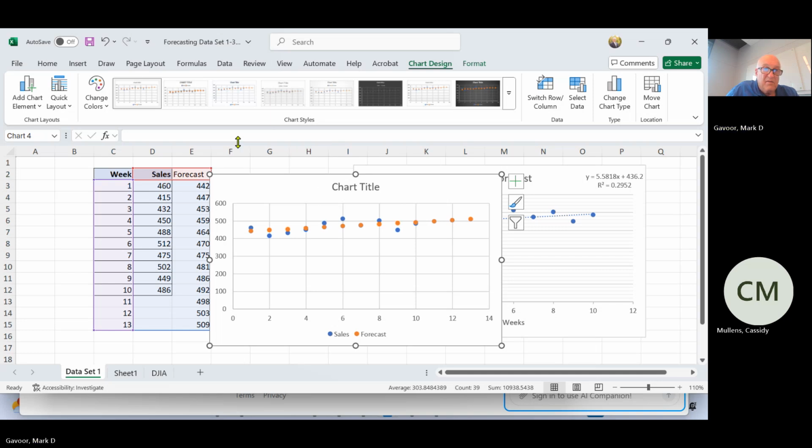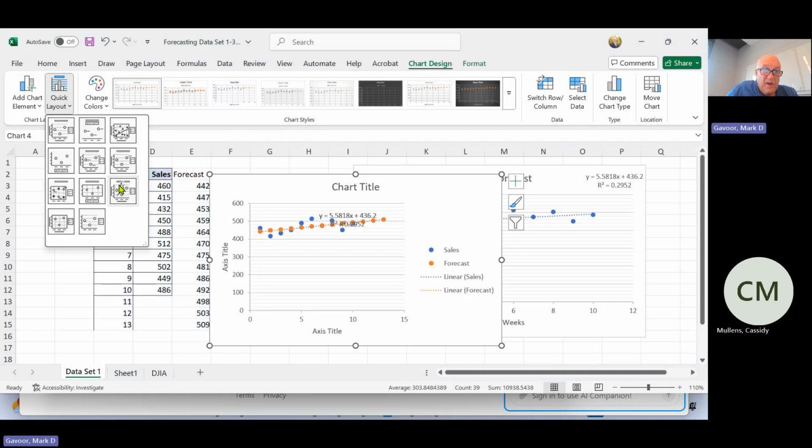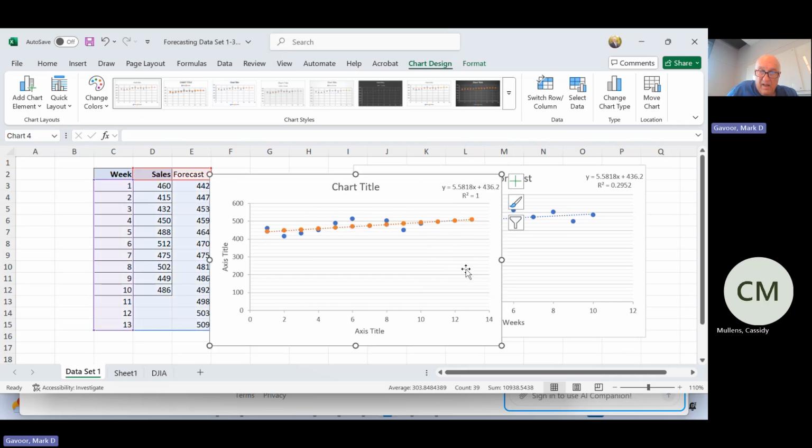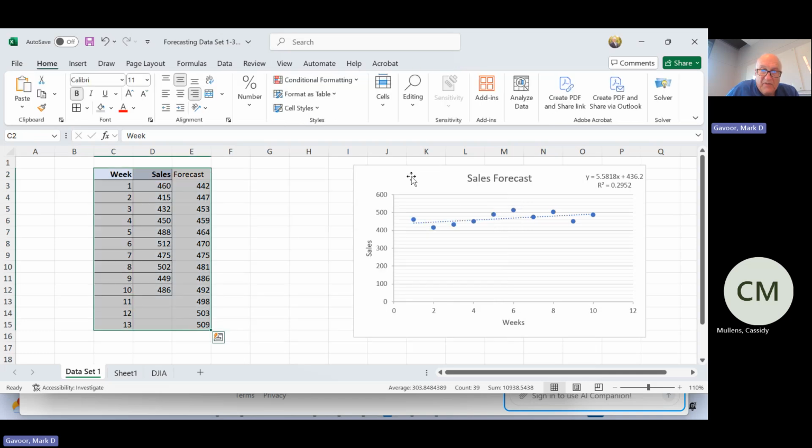And go to my quick layout and put FX and move this over here. And get rid of that. And now it shows the data, and the orange part shows where the line goes. And it looks like that would be a reasonable forecast for the next 3 weeks, right? I don't need to keep that. But I'm going to keep the forecast anyway.